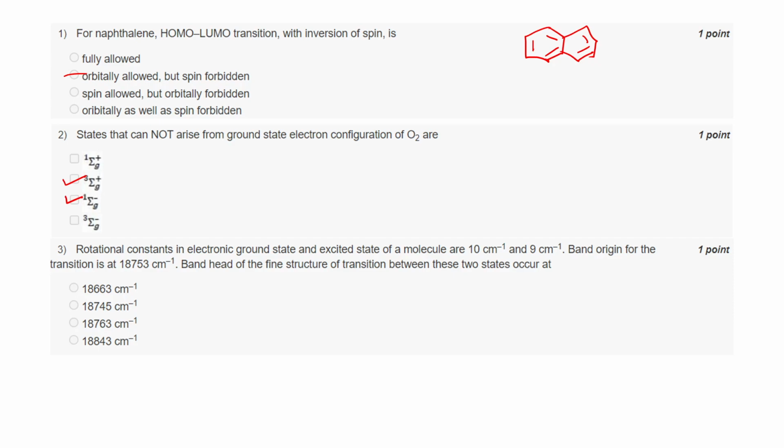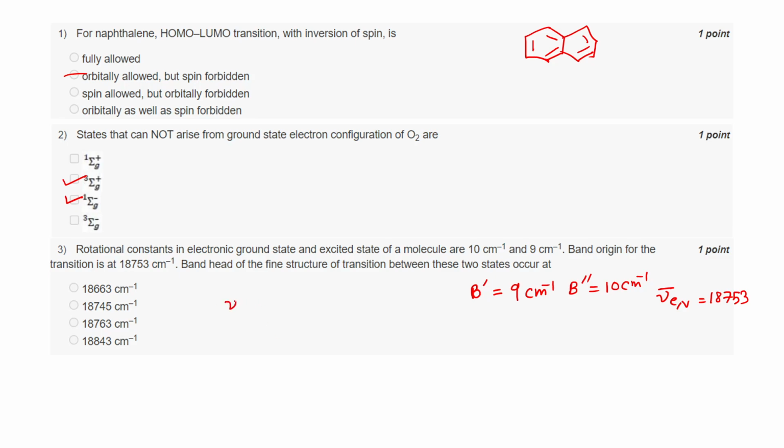Now comes a good question, and this is why I was talking about the band heads. The rotational constants in an electronic ground state and excited state are given. B dash is 9 centimeter inverse, B double dash is 10 centimeter inverse. The band origin, nu V, is given as 18753. Find the band head of the fine structure of the transition between the two states.